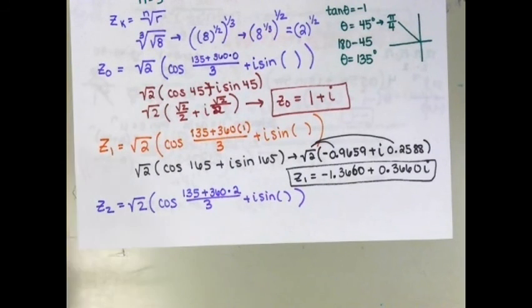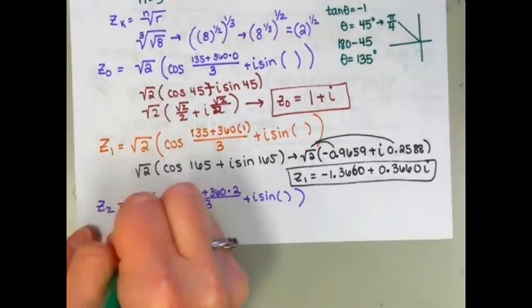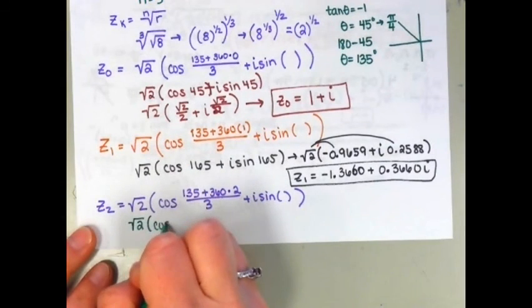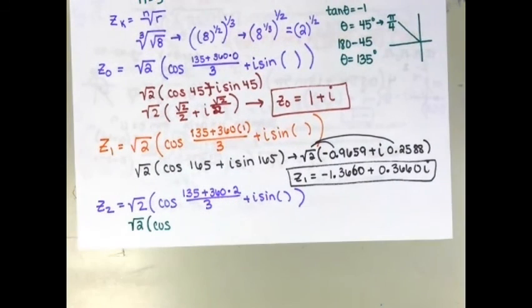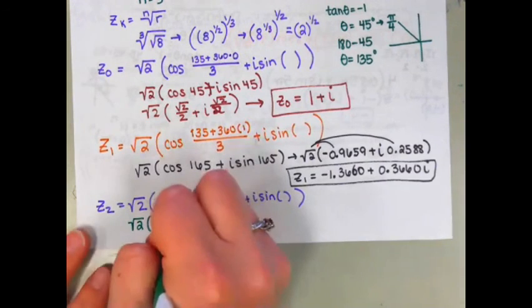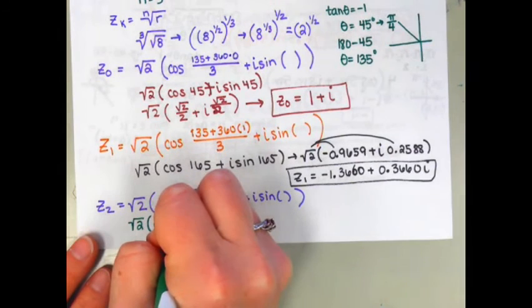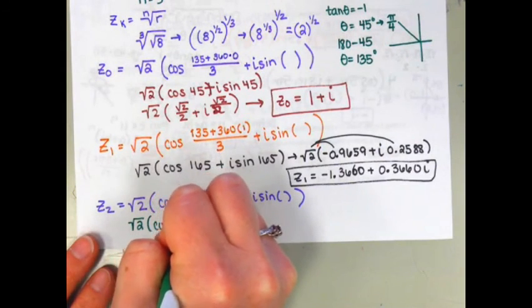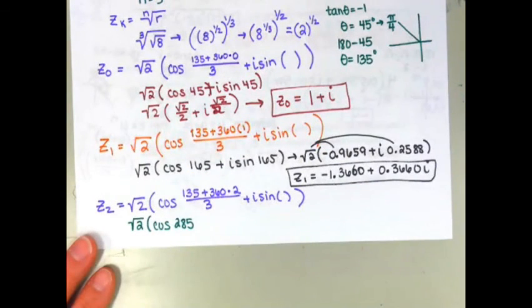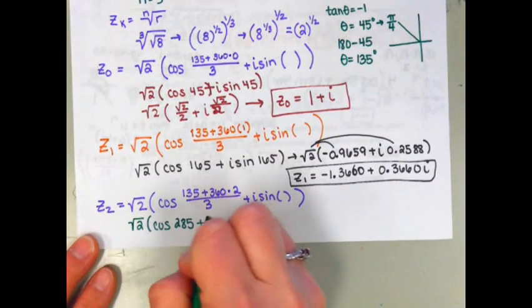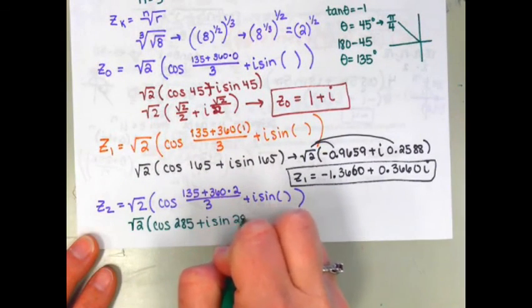All right. So let's go. We're going to get the square root of 2 times the cosine. What is 360 times 2 plus 135 divided by 3? You guys get 285? Yeah, okay. Plus I sine of 285.